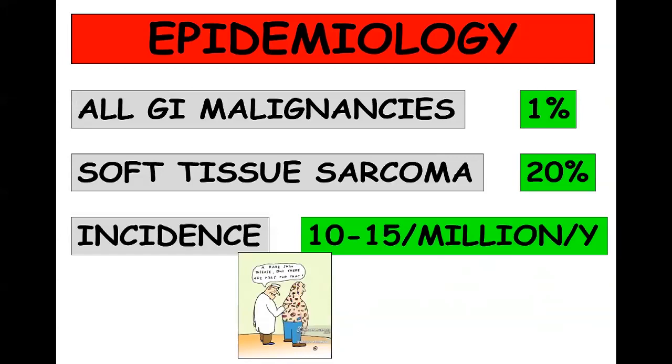Median diameter is 5 to 6 centimeters, and 10 to 20% of GIST are metastatic at diagnosis. GIST can develop in any portion of the gut wall, but in submucosa or in muscularis propria.